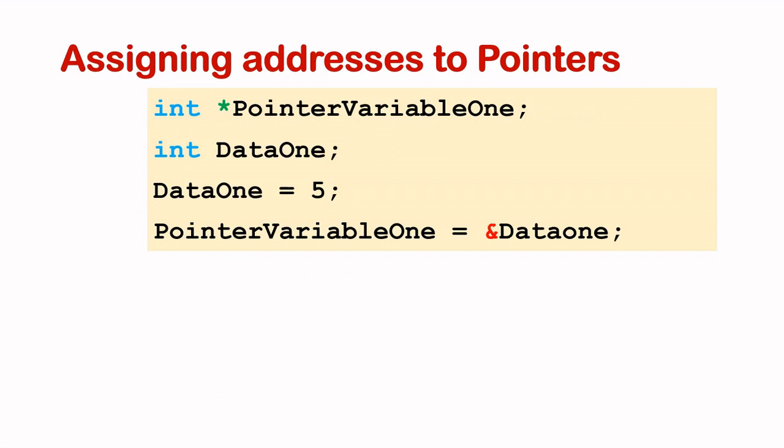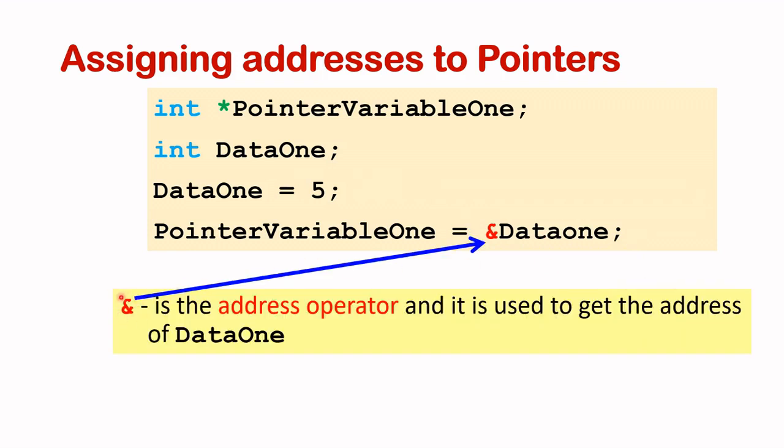Now, how do we assign addresses to pointers? I've repeated the earlier two lines of code, and here I assign decimal 5 to data 1. For pointer variable 1, I have assigned the address of data 1. To do that, I need to fix this ampersand sign to the variable name. Let's take a closer look at this.